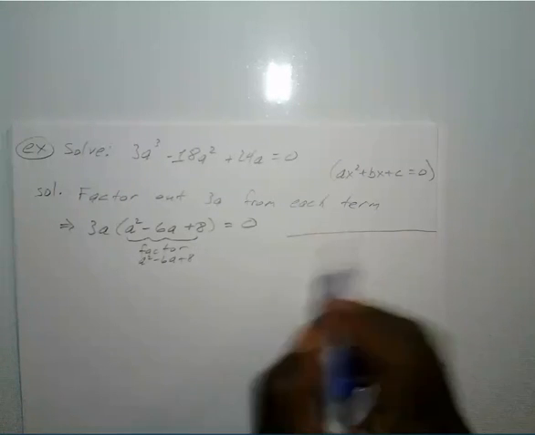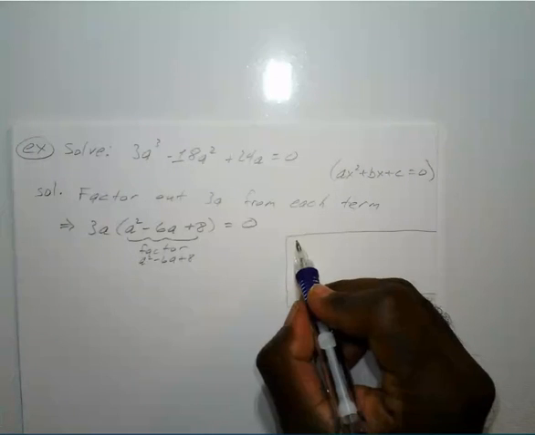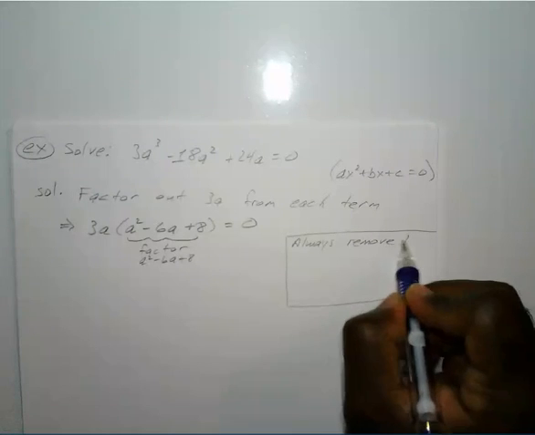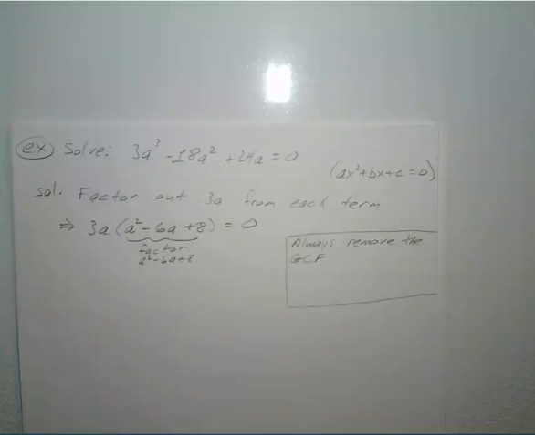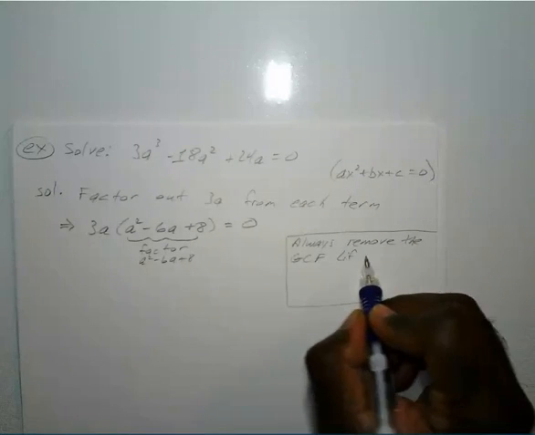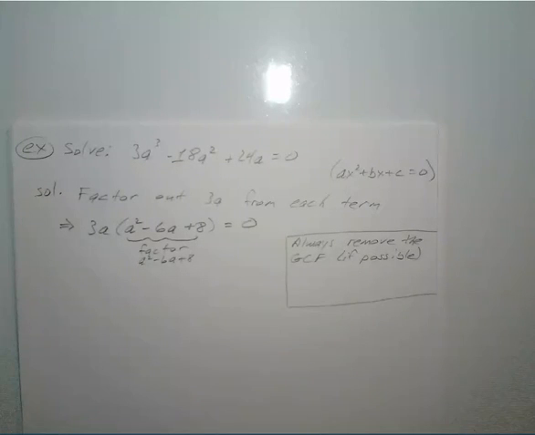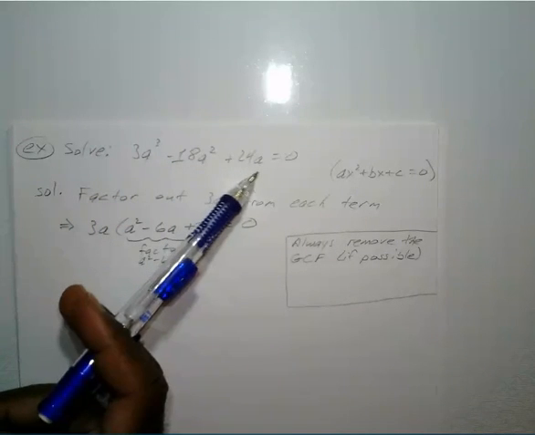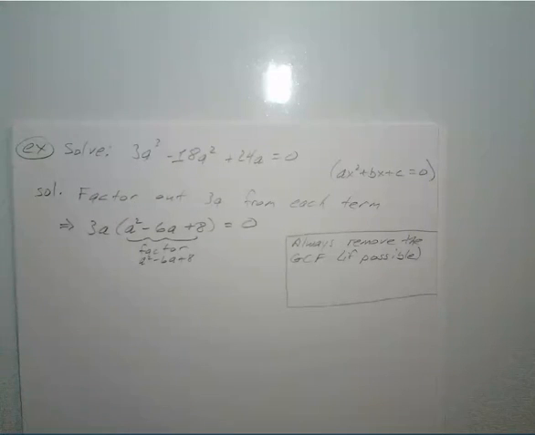You want to always remove the greatest common factor if possible. Because a lot of times, if you just factored out the a, you had 3a squared, then you'd be tempted to use the a times c method, and that's a lot more work.